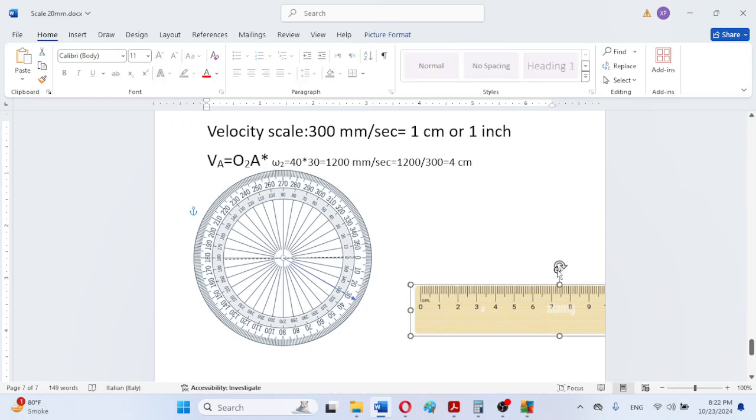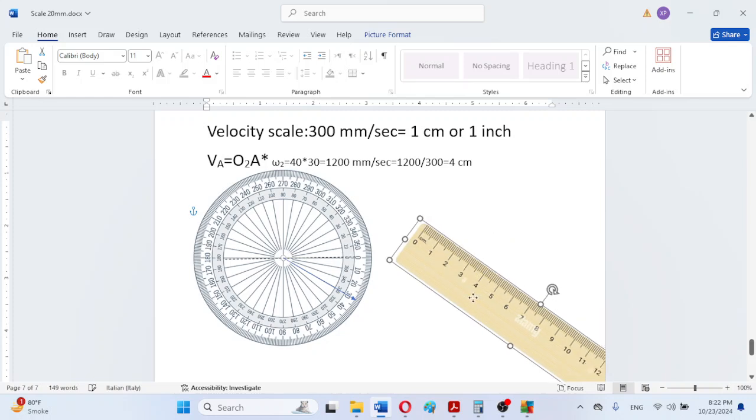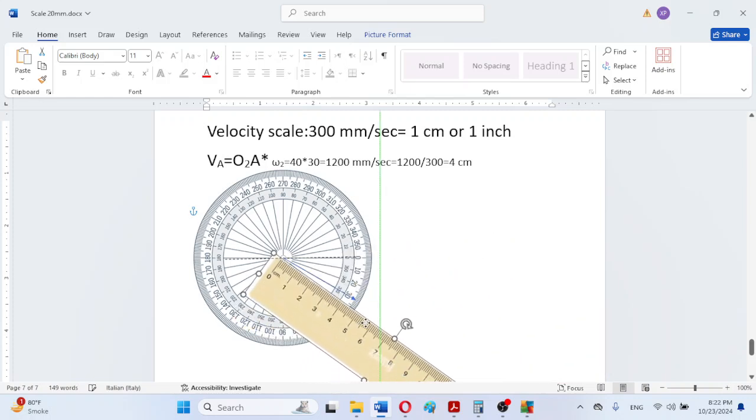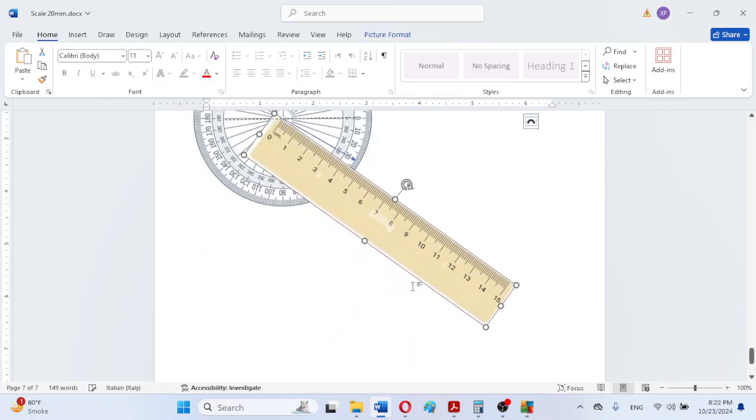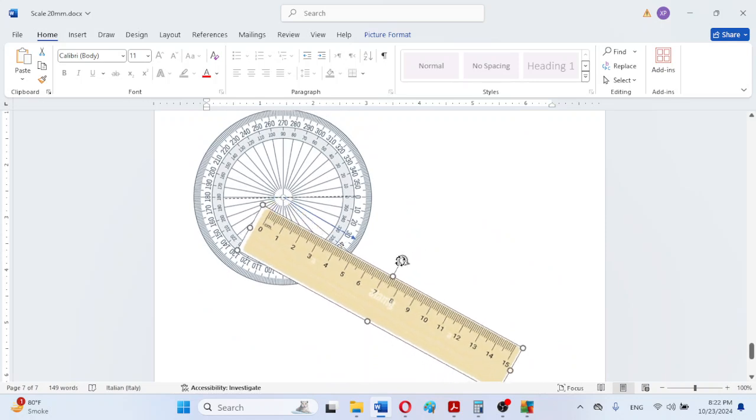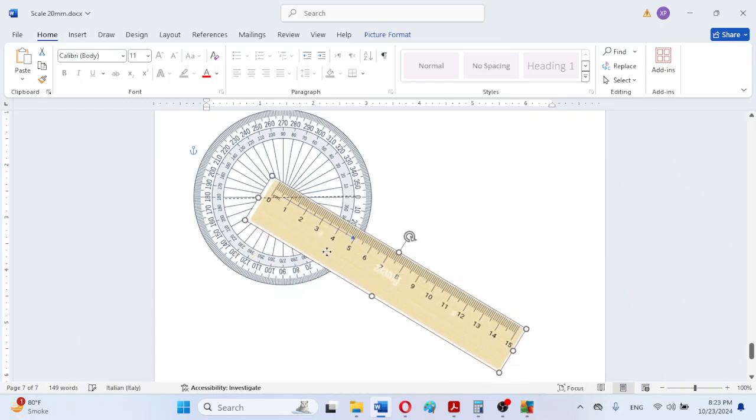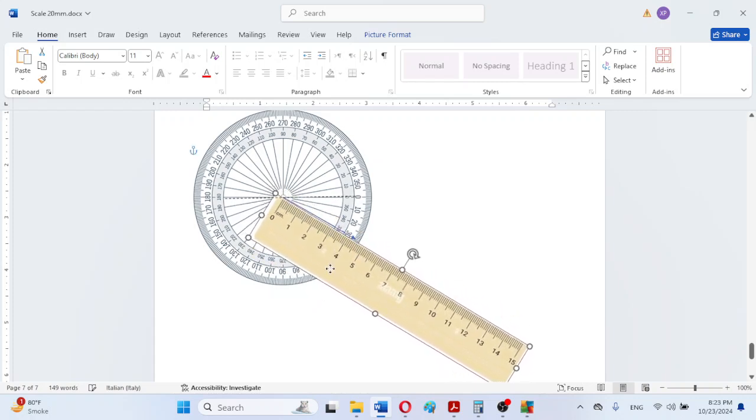Now we move this scale to measure 4 centimeter, placing it parallel to this vector. As we can observe, this is 4 length.